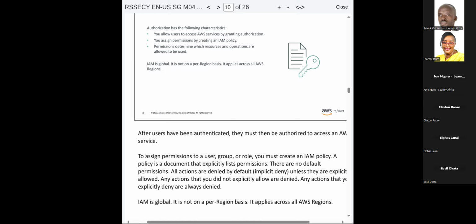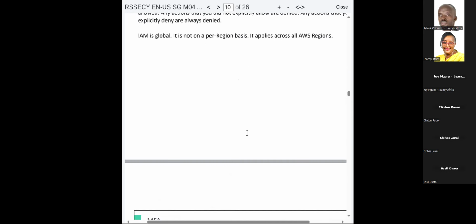Because it comes by default as denied, all permissions are denied, unless now I go and allow, for maybe, creating EC2, storing in S3, something of the sort. And we said IAM is global. It is not region specific, it is not availability zone specific. It's a global service. Okay. All right.